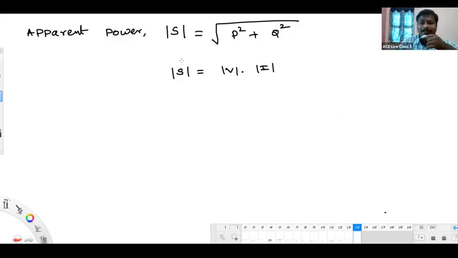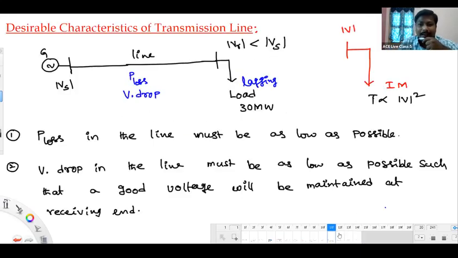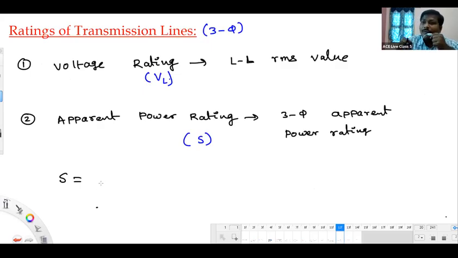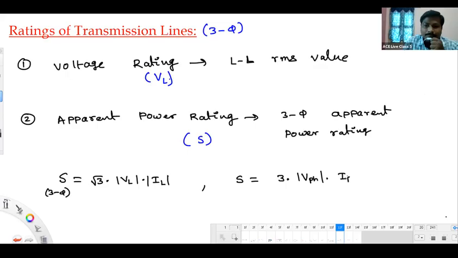So apparent power S: the formula is root 3 into line to line voltage magnitude multiplied with line current. It's the three-phase apparent power formula. Else, the same formula for apparent power S you can write as 3 into phase voltage magnitude multiplied with phase current magnitude. Any formula you can use among these.